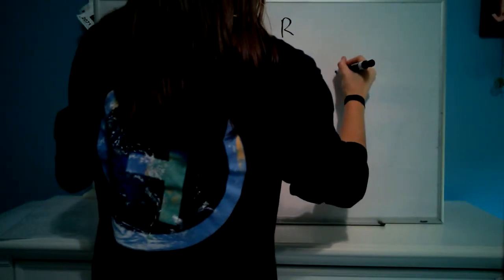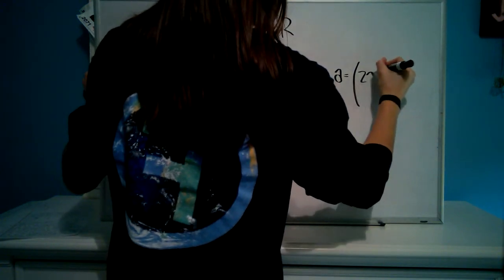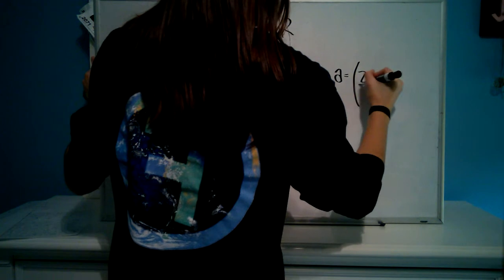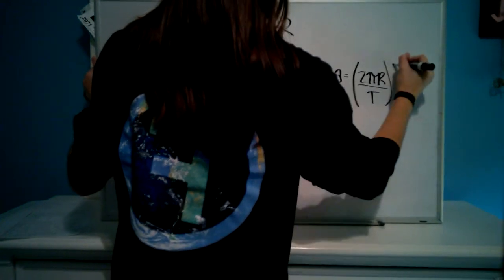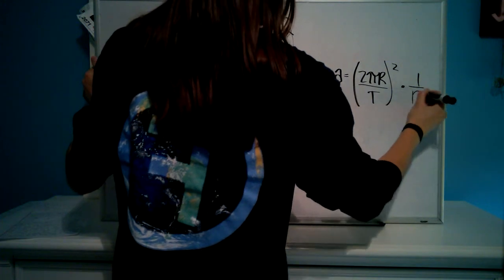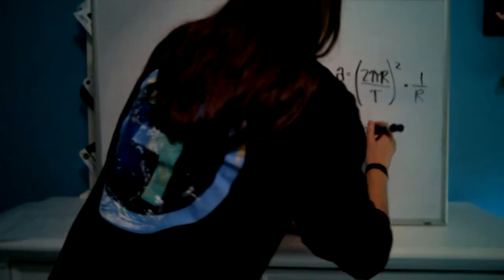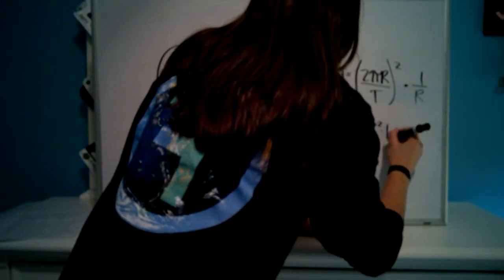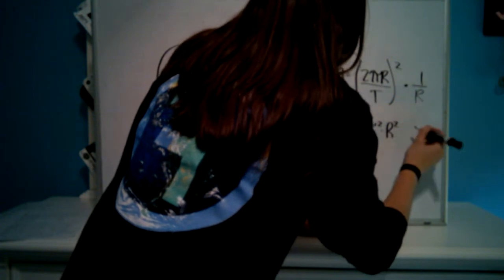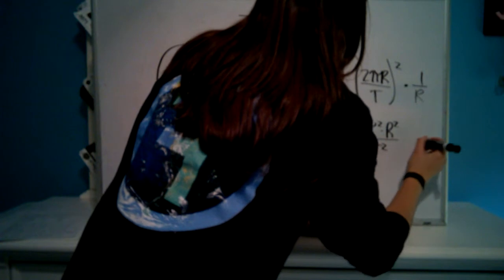So our acceleration is equal to velocity squared, so that's 2 pi radius over time squared times 1 over our radius. So our acceleration is going to be 4 pi squared times r squared over time squared times 1 over our radius.